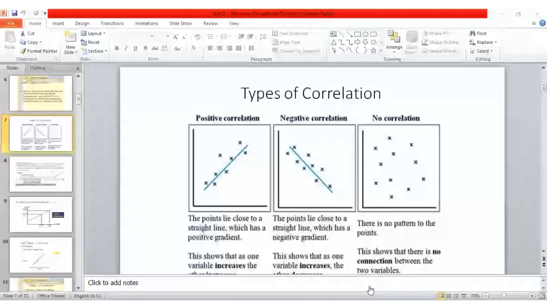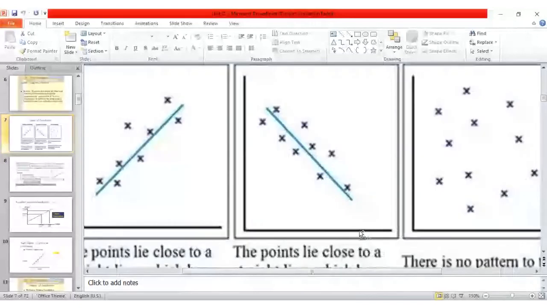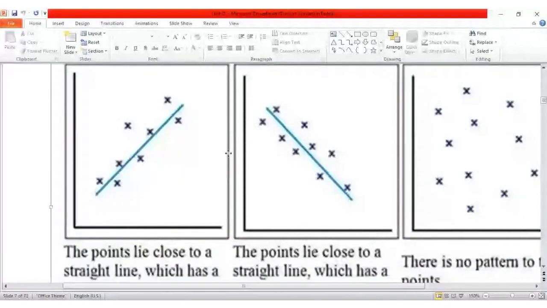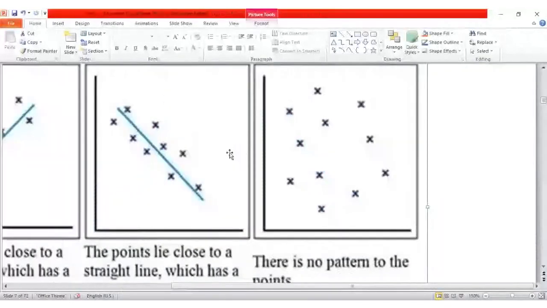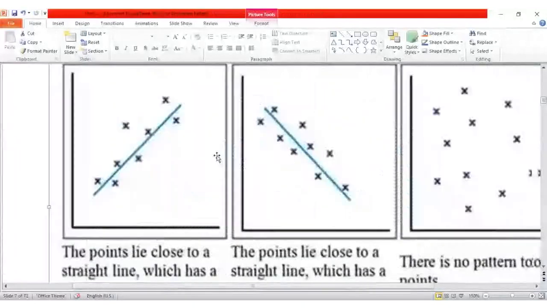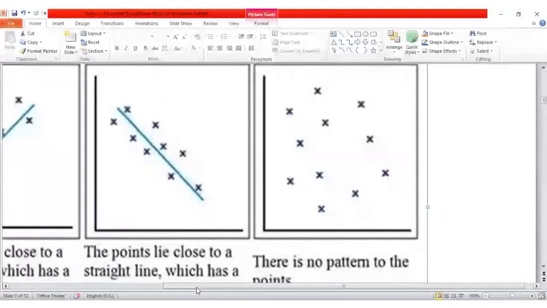So you can see three diagrams. Let me make it a little bit bigger. In the first one, what is happening?